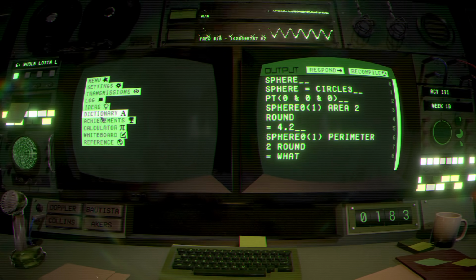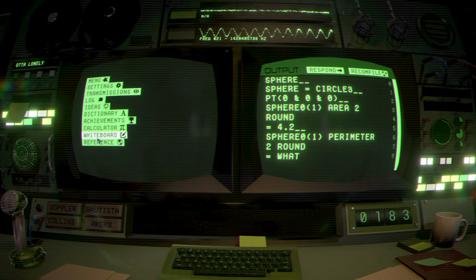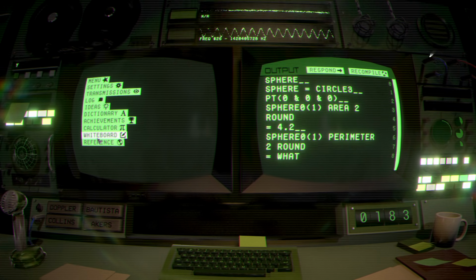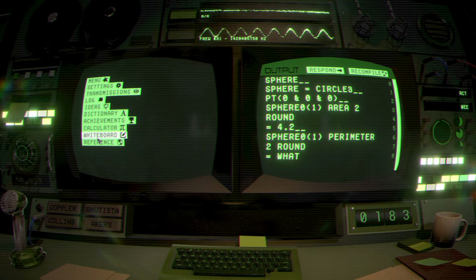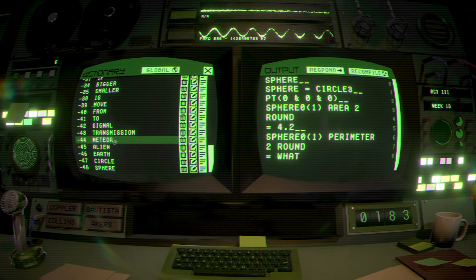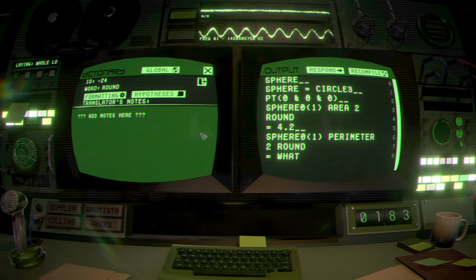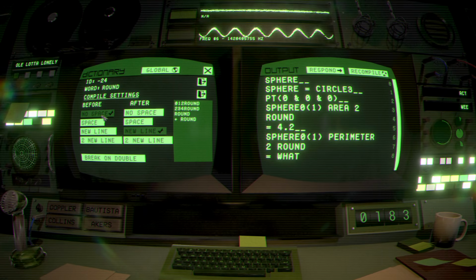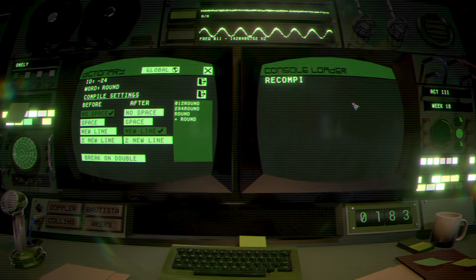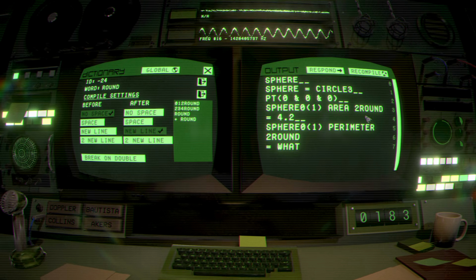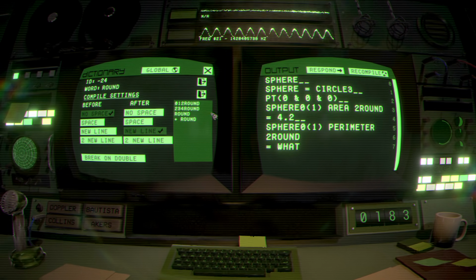Same with round. Go back to round, because round, in this case, is always going to have a number before it, so I think we want no space. We know round to the nearest 2's place, basically, right?